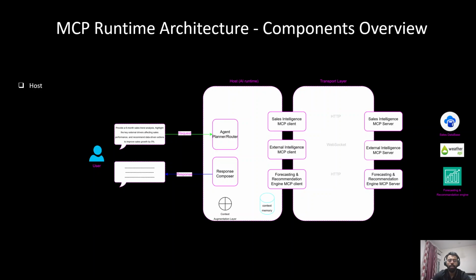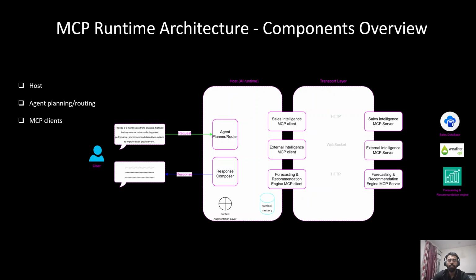Host: the central application that receives user input and orchestrates the overall MCP workflow. Agent planning and routing: the LLM-driven component that interprets user input and breaks it into executable tasks with routing decisions.